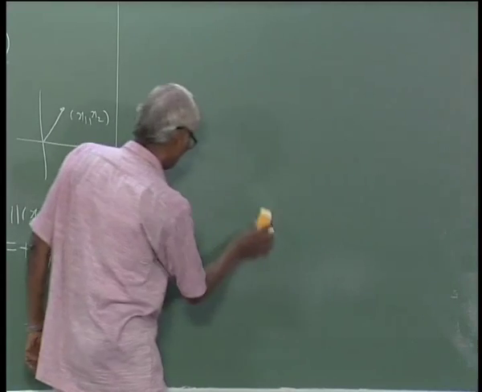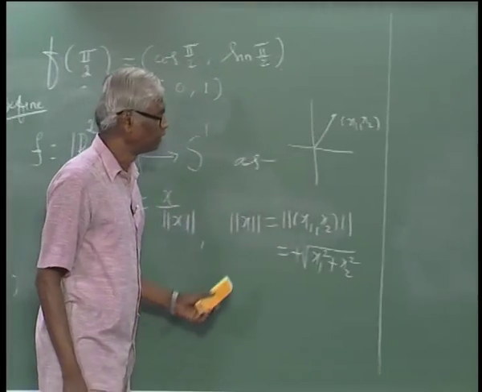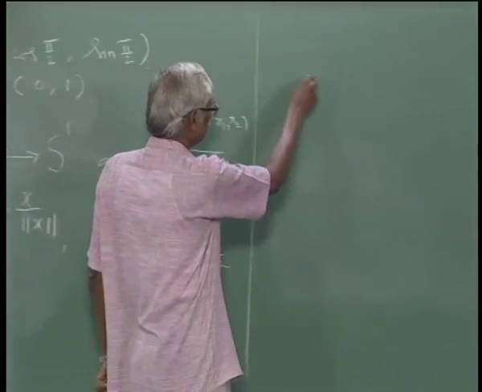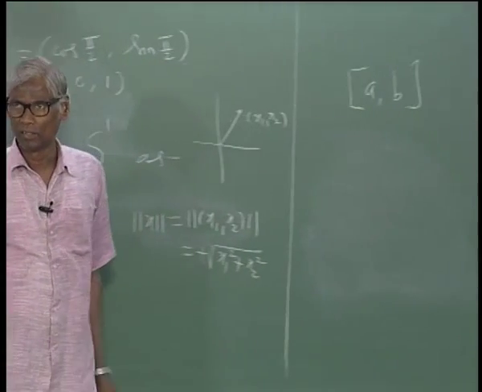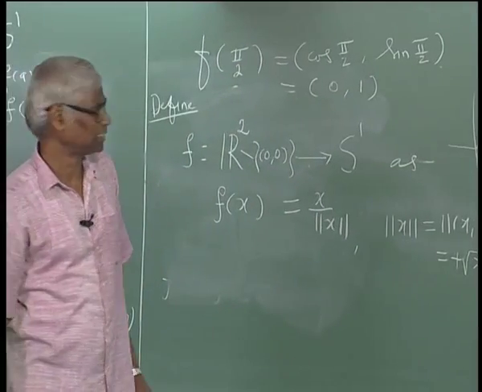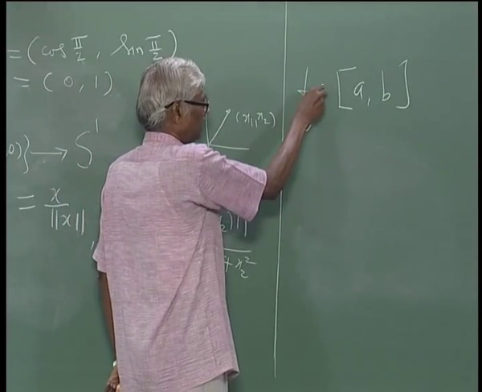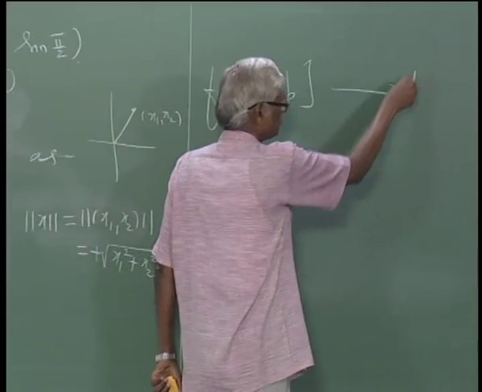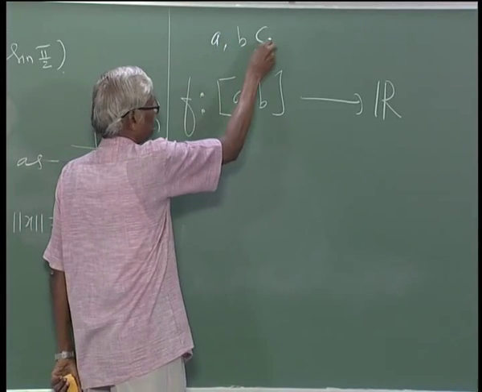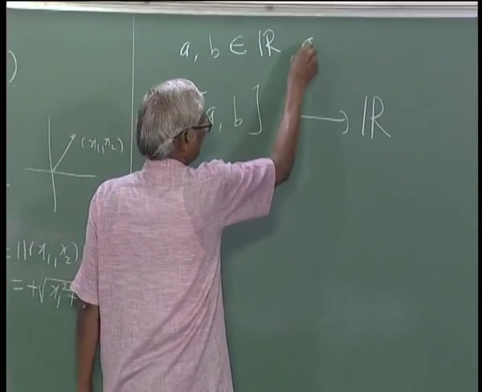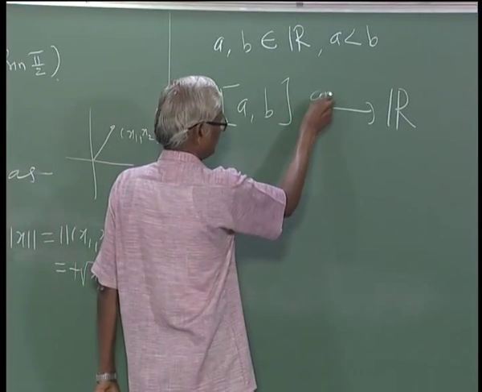And in connected spaces we will just state some of the important results using the interval. See, we know that a closed interval is connected. For that matter, any interval in R is connected. So, in particular, a closed interval is connected. Take f from the closed interval [a, b], where we assume a, b belong to R and a is less than b, and this function is continuous.